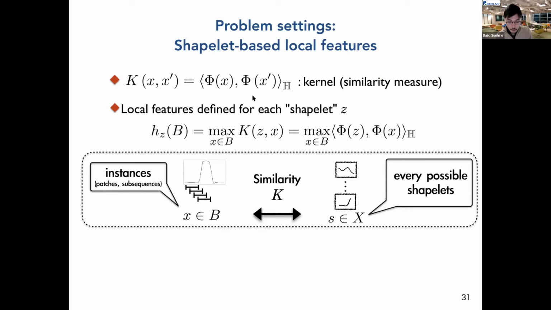And then for shapelet Z, we define the local feature. This is a local feature H as a max of K about X, and it is equal to max of phi Z dot phi X over Hilbert space.